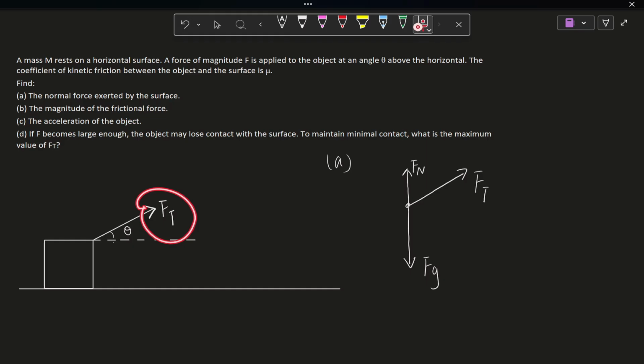Since the Ft is pulling the object in that direction, and the friction is not negligible in this question, there's definitely a friction force. The friction force will be pointing that way since it is opposing the direction of the movement. So let's also draw it on the graph.